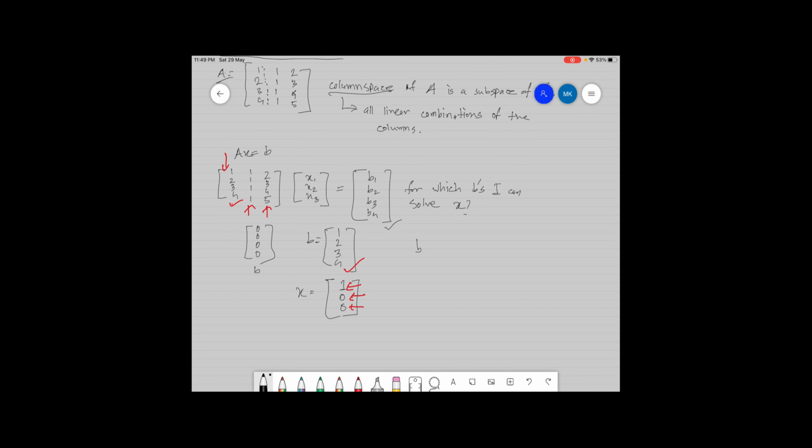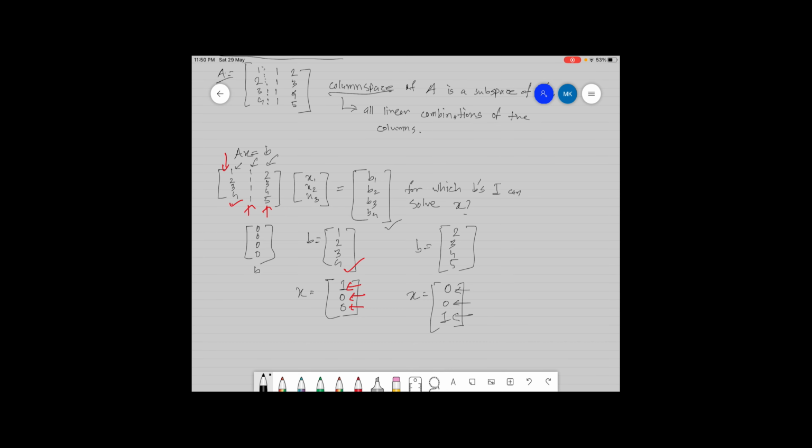There can be another solution. Let's say b equals 2 3 4 5. So this is also solvable, because if we have x equals 0 0 1, that means we have taken none of the first column, none of the second column, and ones of the third column, none of this one, none of this one, and ones of this one.